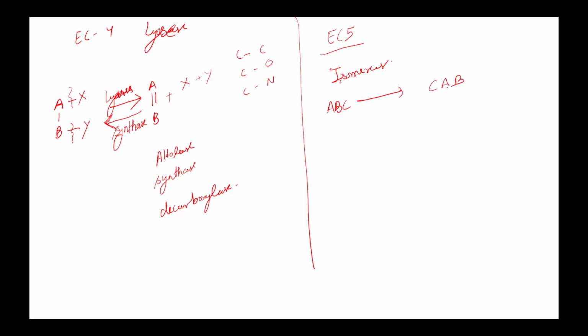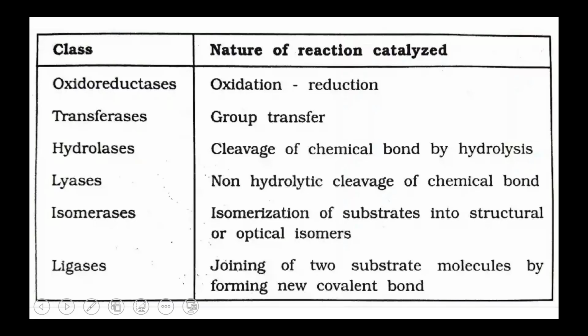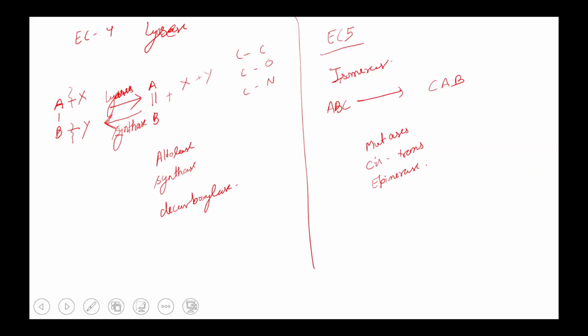Under this category come all the mutases, cis-trans isomerases, epimerases, and racemases. These are the examples of isomerases.